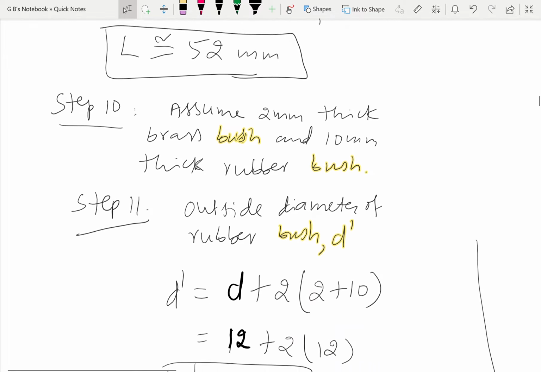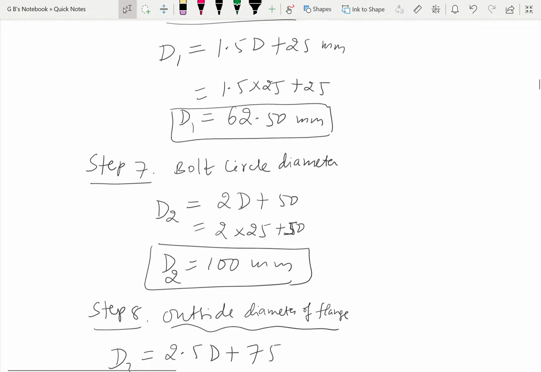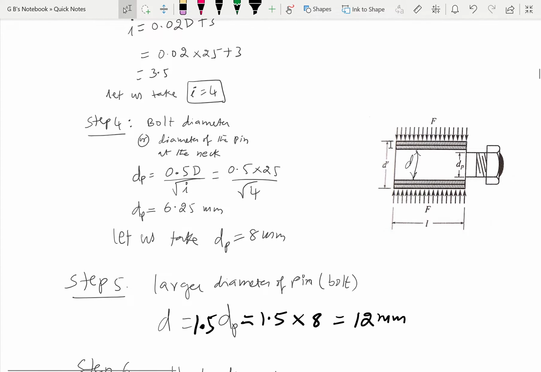Step 10. So in order to find out outside diameter of rubber bush D prime, this one is the D prime. You see this D prime, this is the outer diameter of the pin, and then we have two bushes. One is a brass bush, the other one is a rubber bush.